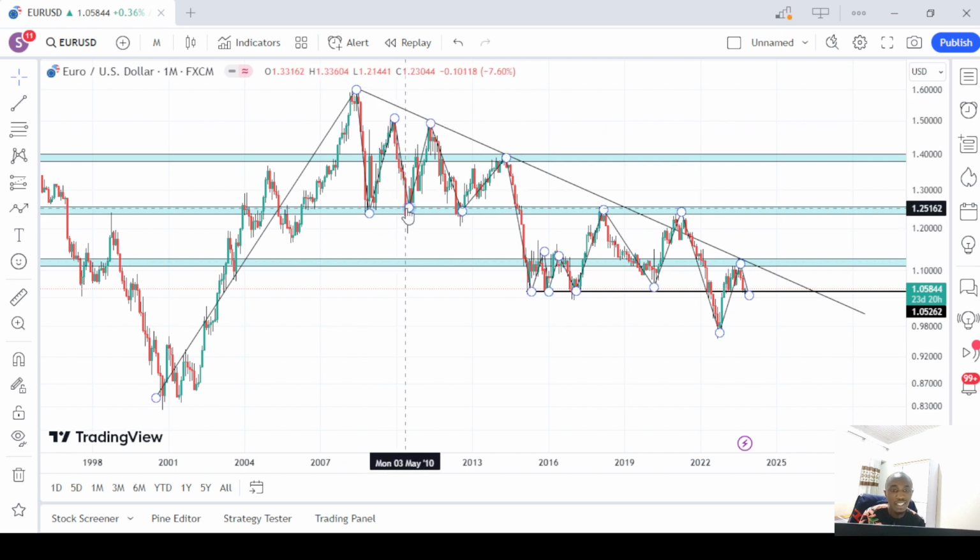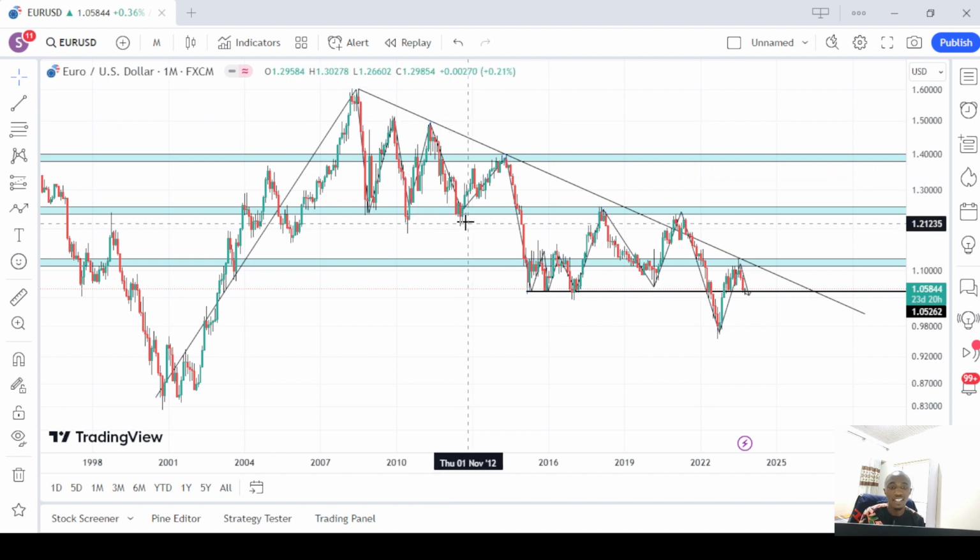But these lows, I see them to be equal lows. This is equal highs, but it's a higher low than this. Then from here, it gave a higher low again.